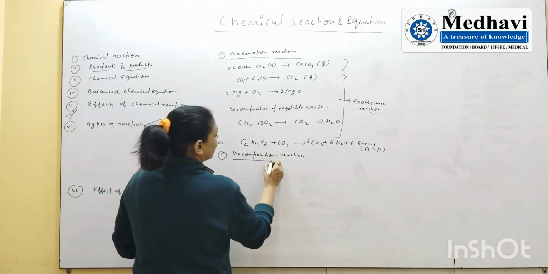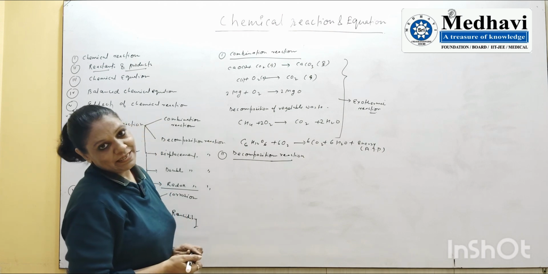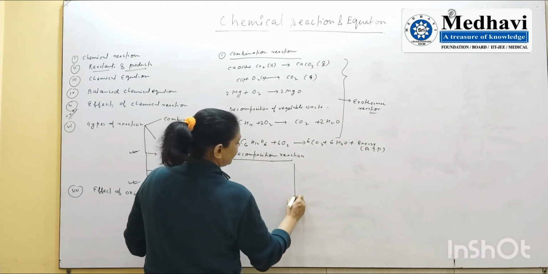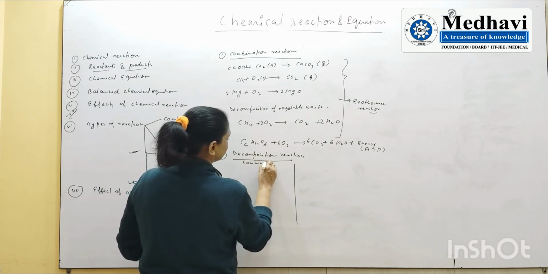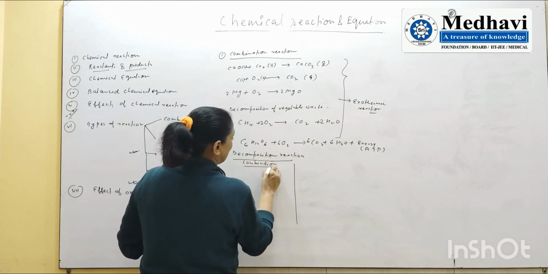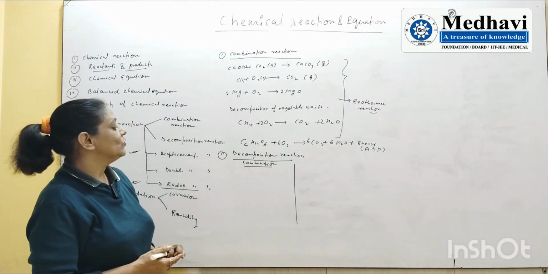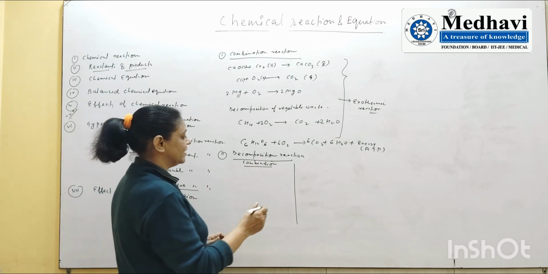Here heat is evolved, here heat is absorbed. So first I will explain the differences between combination and decomposition, and after that I will explain all the examples that are used in NCERT to explain the process of decomposition reaction.